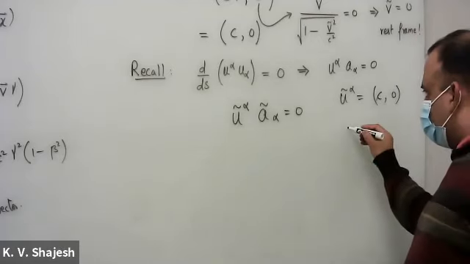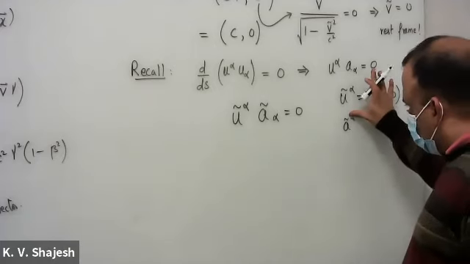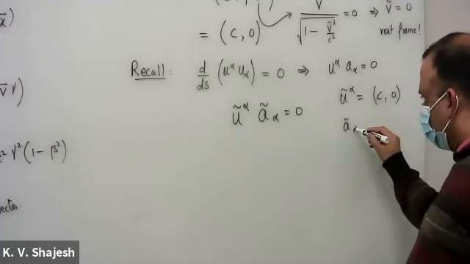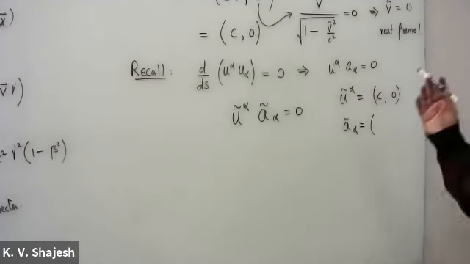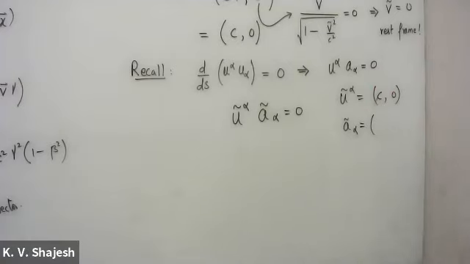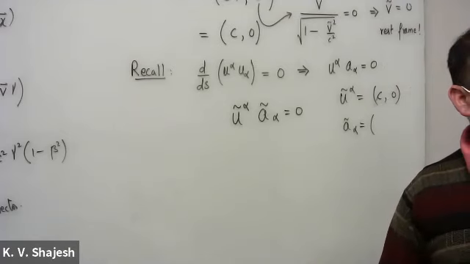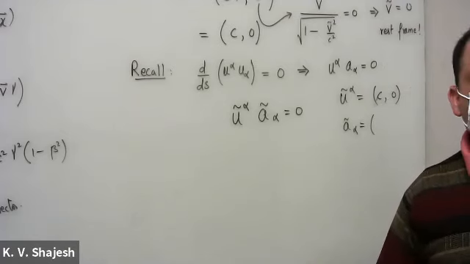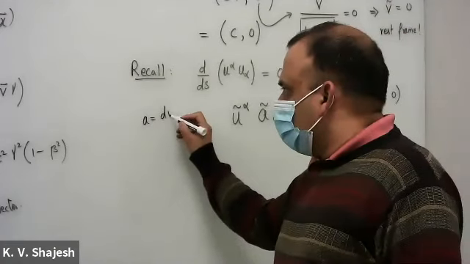But in that frame, acceleration need not be 0. I don't know what the acceleration is going to be; that's a different vector altogether. Remember, acceleration is the derivative of velocity. If velocity is 0, acceleration is dv by dt.